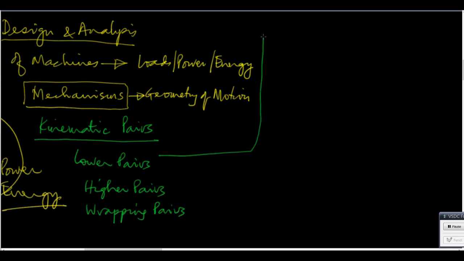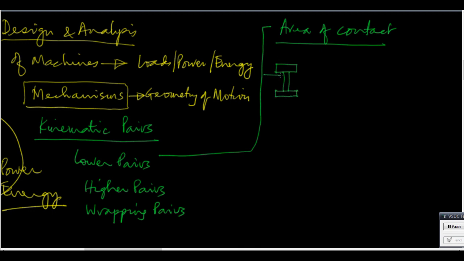Lower pairs means there is an area of contact. Okay. So for example, if I have, let me draw a cross section so that it will be easier for you to understand.